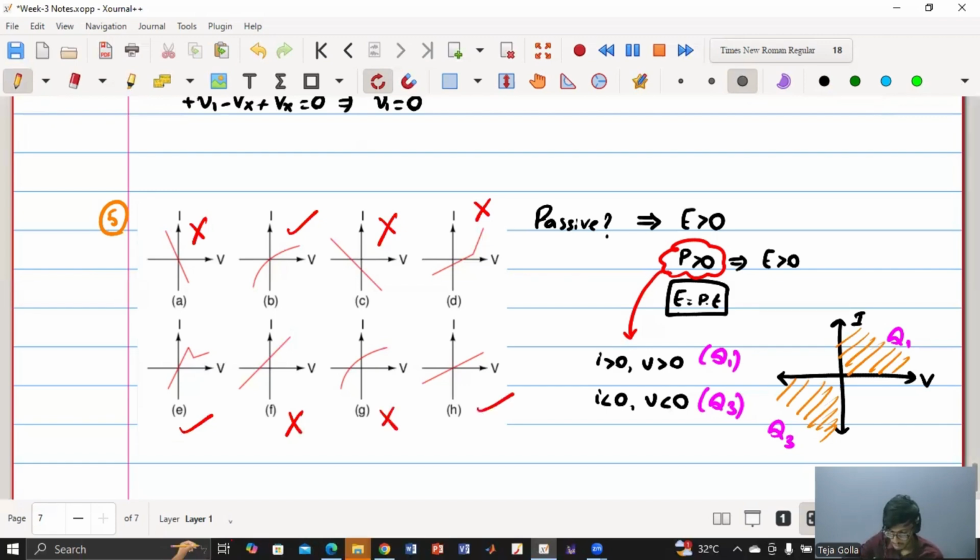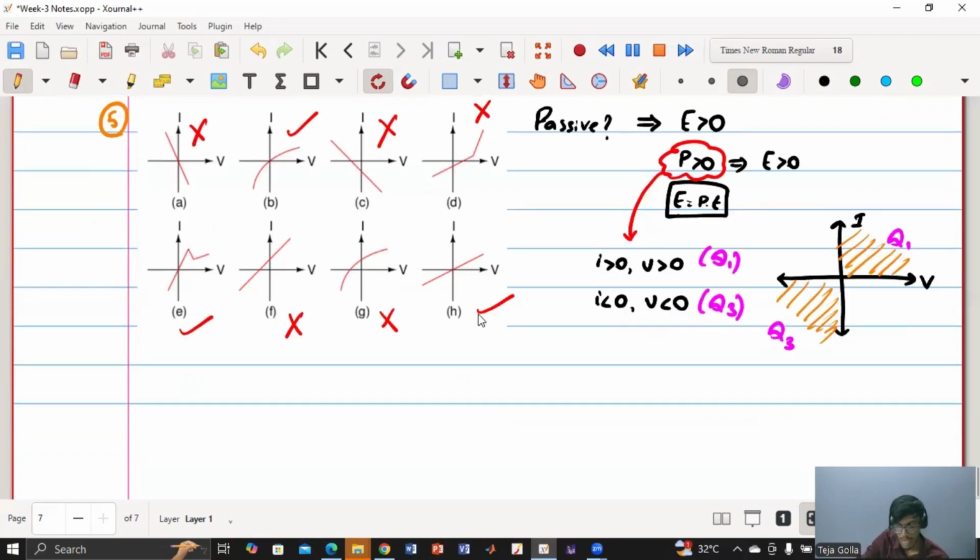So these are passive, the rest are active. So B, then E, and then H. These are passive.